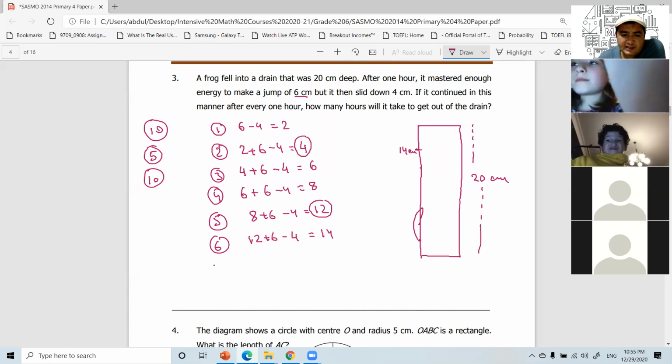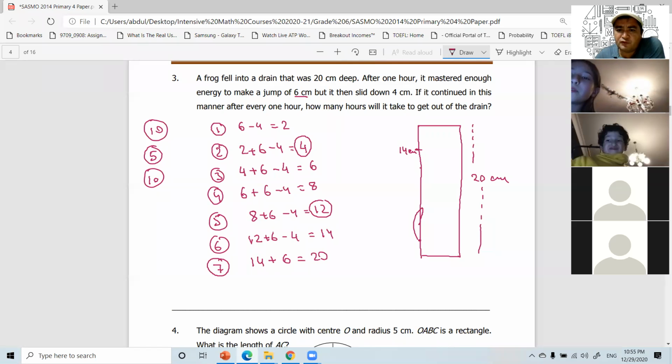And in its next attempt, the 7th hour, it is 14 centimeters high, plus when it jumps 6 centimeters, how high will it be? It will be already 20 centimeters. It will be at the top of the drain. So how long does it take? It takes 7 hours.